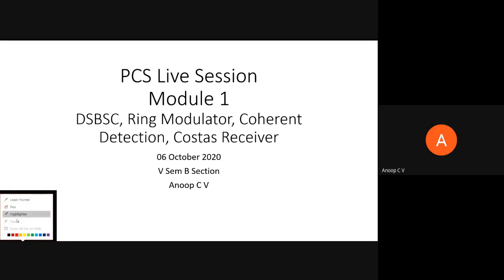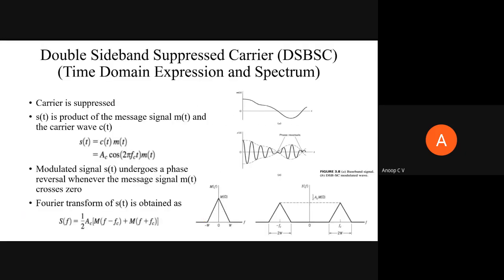So we'll just have a quick recap. In the last session, we learned about double sideband suppressed carrier. Initially, we started with the motivation behind going for this DSBSC modulation.